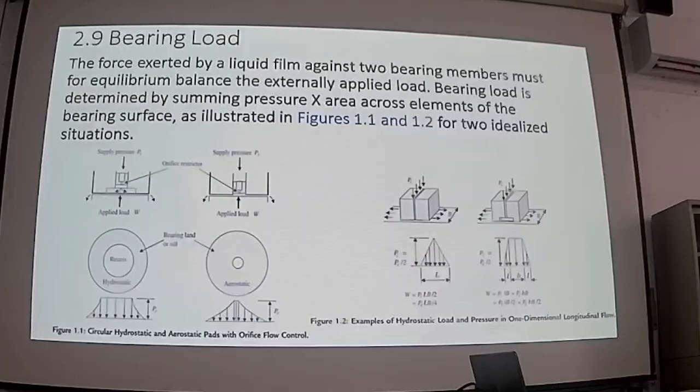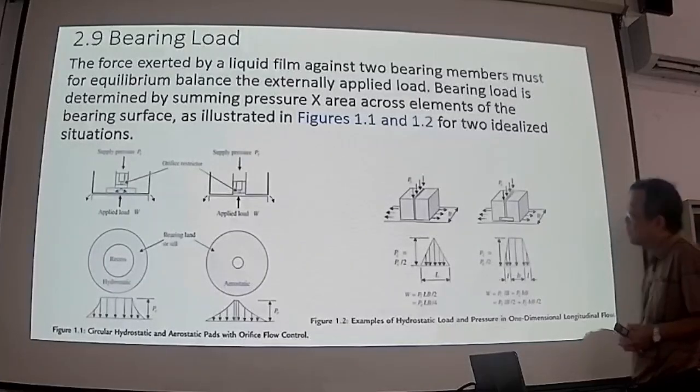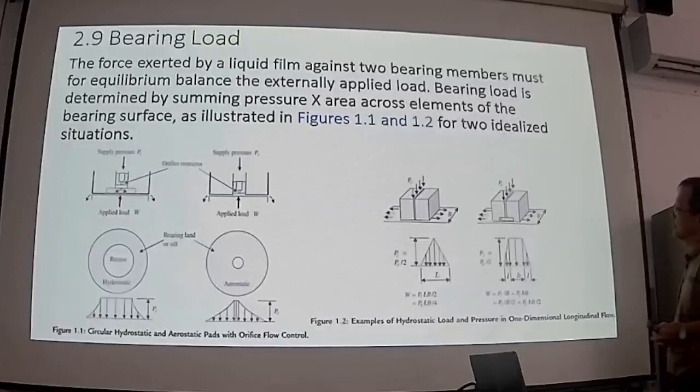So next, on page 29, for the vertical loading. In the previous chapter, we have two different designs. This is the circular bearing design, one for the hydrostatic bearing, one for the aerostatic bearing.